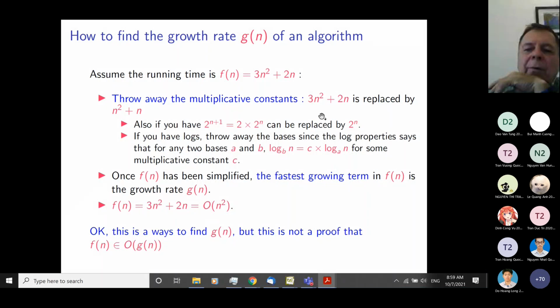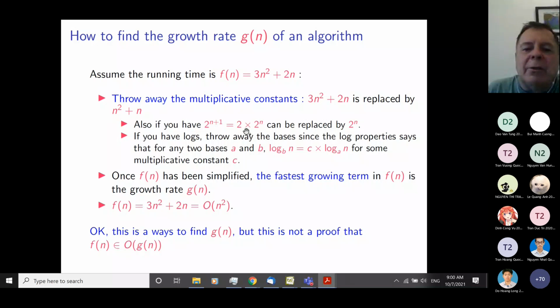One thing we can do is get rid of all the constants. When we are looking for g(n), I'm looking for the dominant term, and the dominant term is always going to work. So we get rid of all the constants, and then we get rid of the other terms in the function that describes the running time. This also applies for running times that have this form. If I have a running time that is 2n plus 1, this is actually equivalent to 2n.